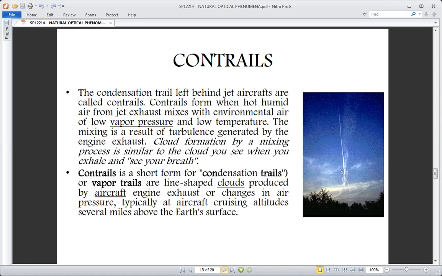You breathe out yourself. If you breathe out in a very cold environment, you see some white smoke. That white smoke is simply the hot air being condensed. The only difference between what you're breathing and what the aircraft is producing up there is that what is coming from your mouth is probably maybe 23 degrees, and the surrounding temperature could be maybe 16 degrees. So that difference is not very big.